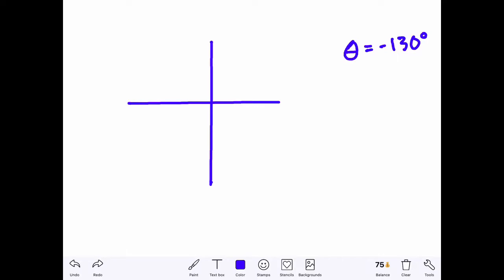Draw your initial side. And now if we're going negative, let's move negative. Negative 90. And then how many more? Well, 40. That's theta, negative 130. Now, again, my reference angle, theta prime, is always the shortest acute angle to the x-axis.